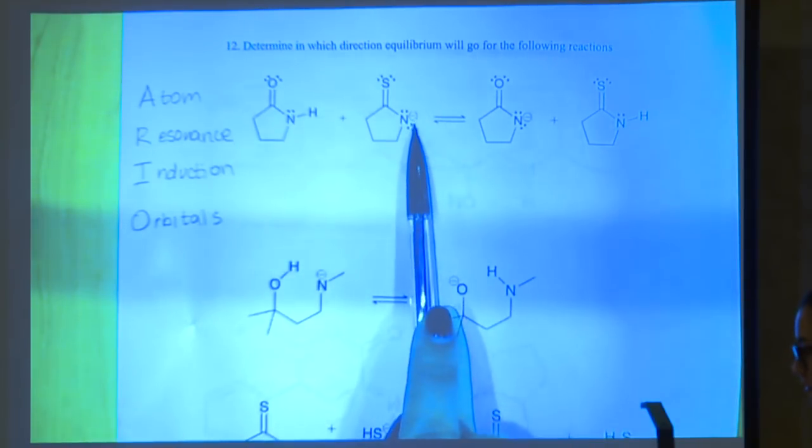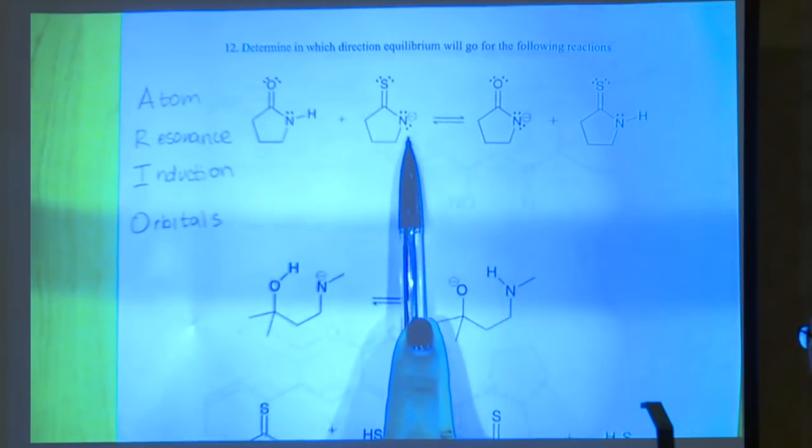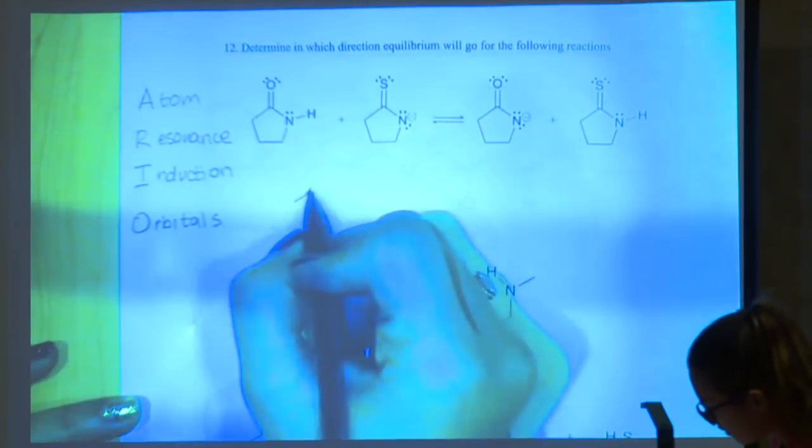Good. So the one that was originally attached to the hydrogen, the one with the acidic proton. So these two are both nitrogen, right? So that's not going to tell us anything, right? How about resonance? Yes. Okay. Good. And here, let's just draw this out.